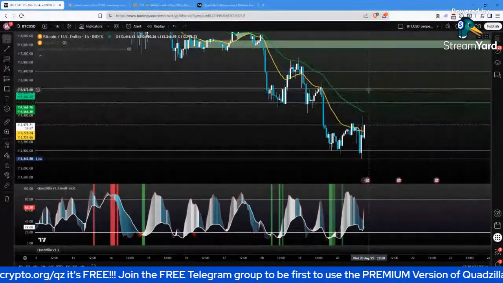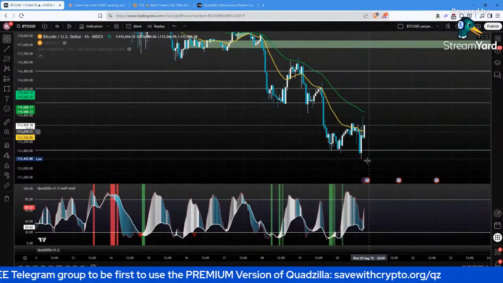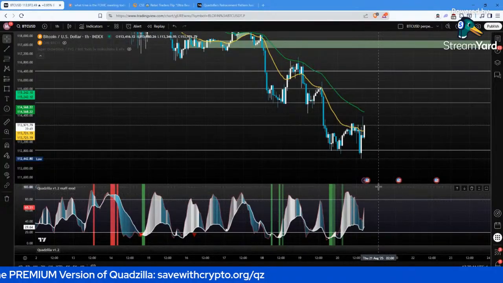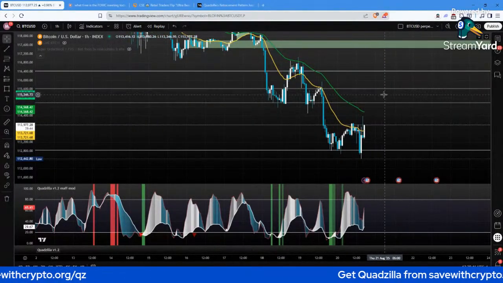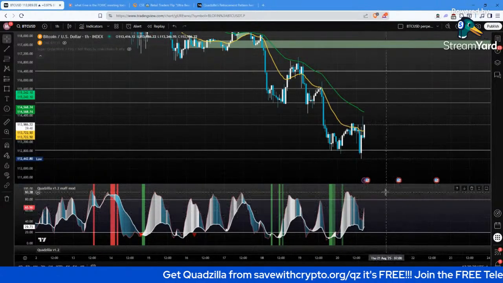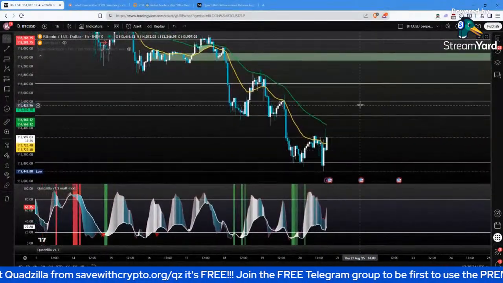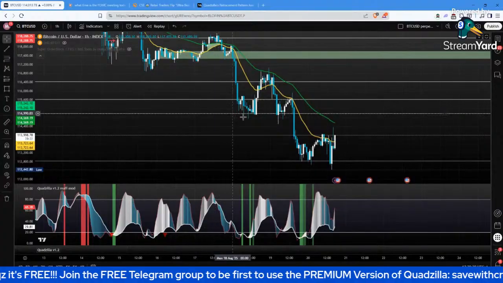It might get up into this zone, and that might by then have come out fairly sharply into this zone as well. So some ranging within that then, while the momentum cools off, perhaps. It's interesting.